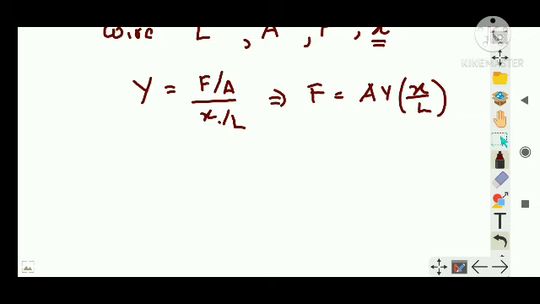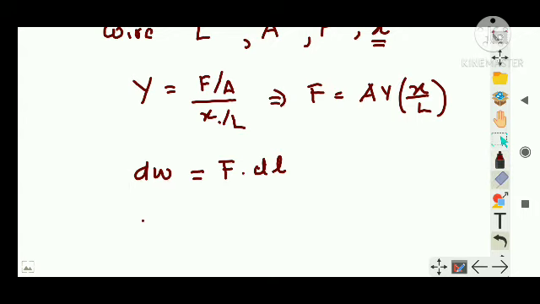Suppose the elongation is only dl, not X. If I do a small work dW, it is due to the application of force F and an elongation of only a little bit, dl. I'm repeating again: suppose I applied a force F to bring about a length change of dl, then I will be doing a work dW. So I can write dW is equal to F dot dl.